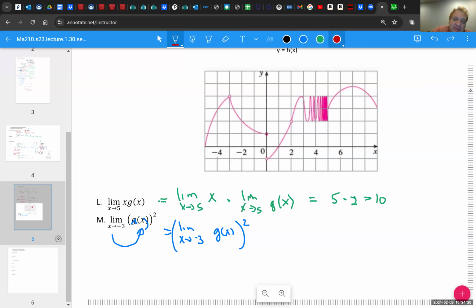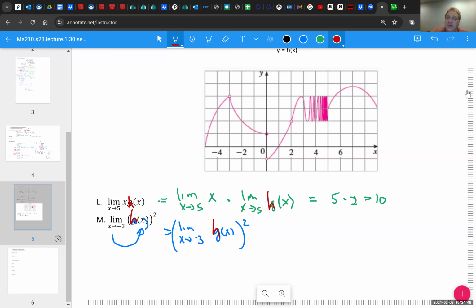I think it's a copy paste error. Sorry. All right. So if it's the h(x) function, then I would do the limit as x approaches 5 of x times the limit as x approaches 5 of the h(x) function. And I could find out what happens at 5 for the h(x) function. And likewise, I would do this for the other h(x) function. So we can do it for whichever function if we have the information for it.